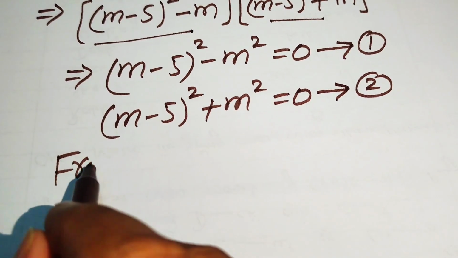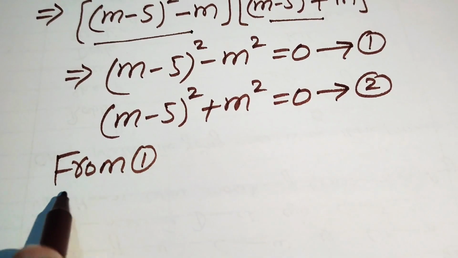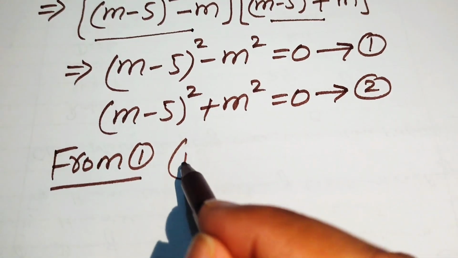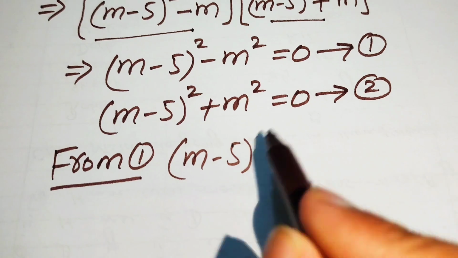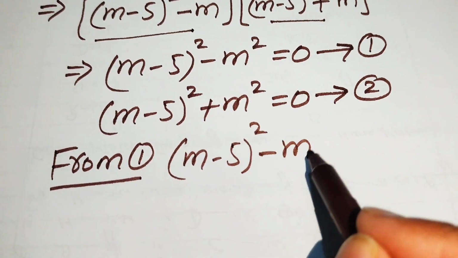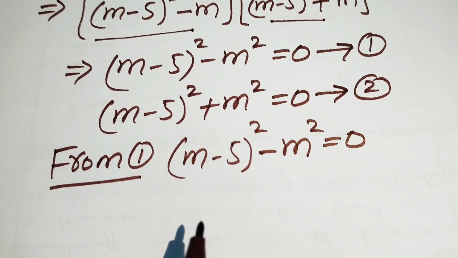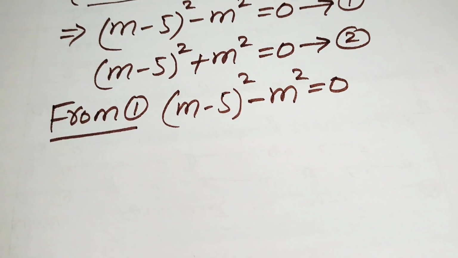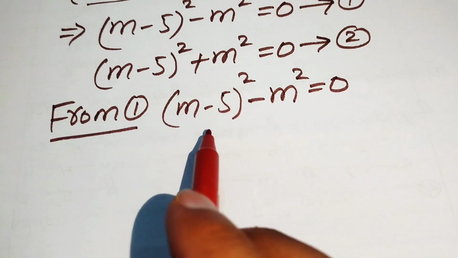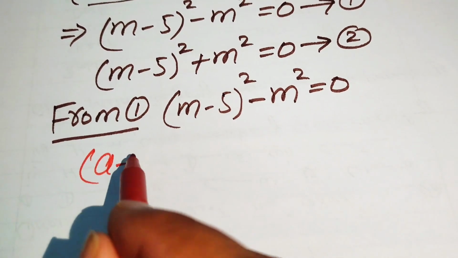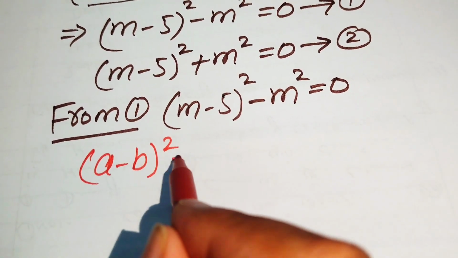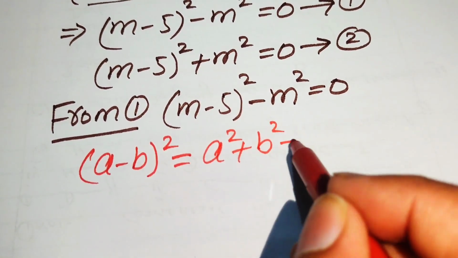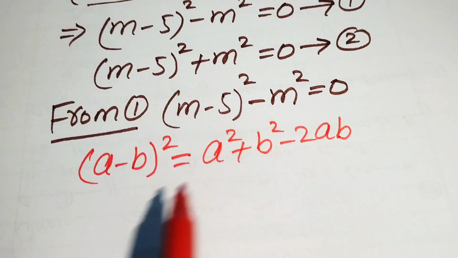First we focus on equation number 1. We first copy down this equation, and it will be written as (m - 5)^2 - m^2 = 0.